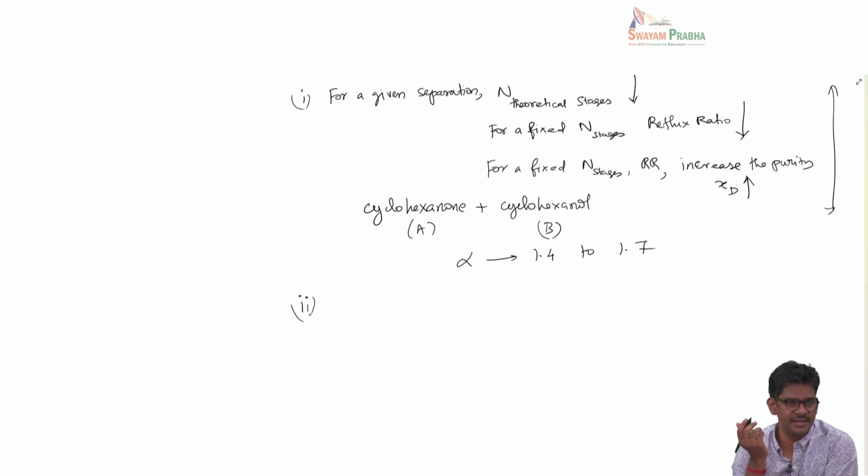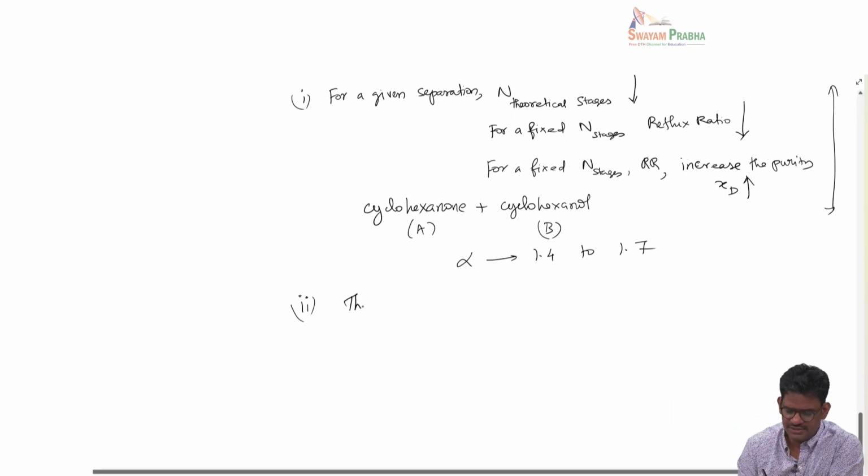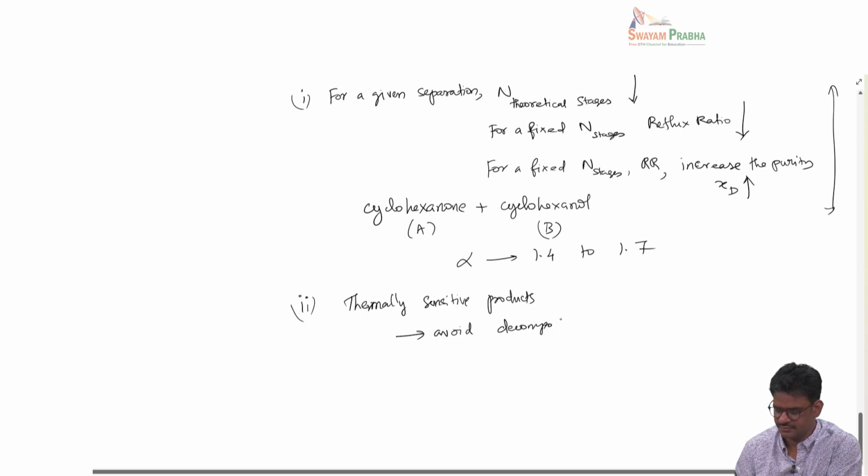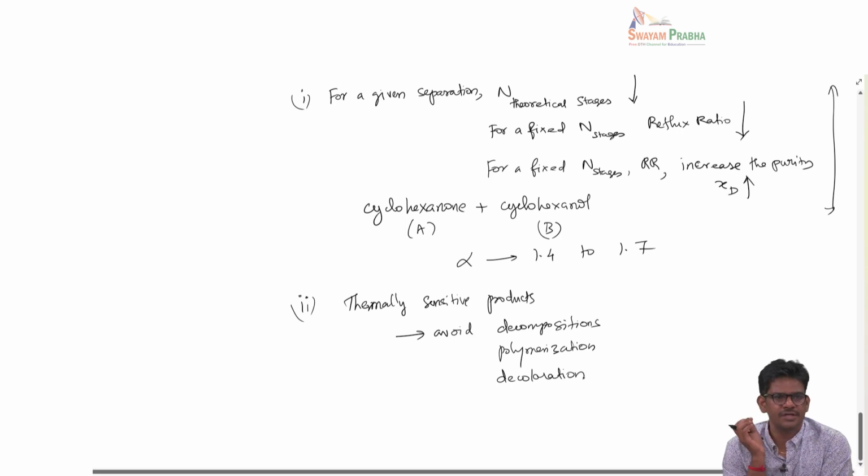So if you want to avoid that, you are thinking about thermally sensitive materials, thermally sensitive products, and by doing vacuum distillation we can avoid decompositions or polymerization or other chemical changes to the product.